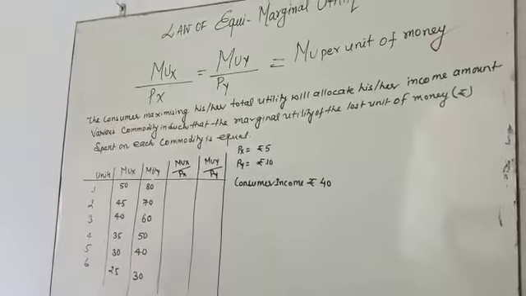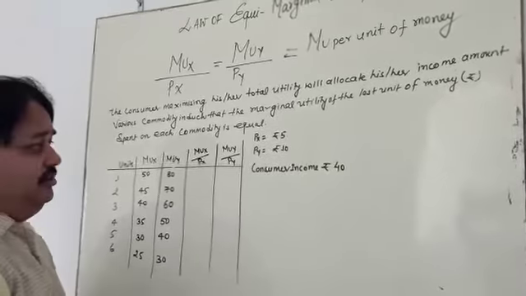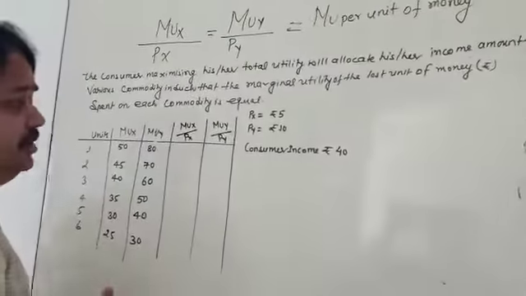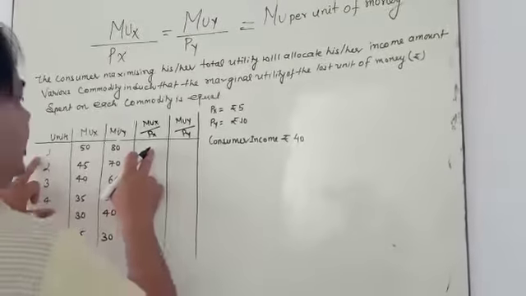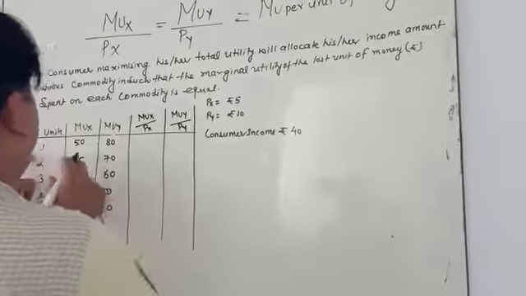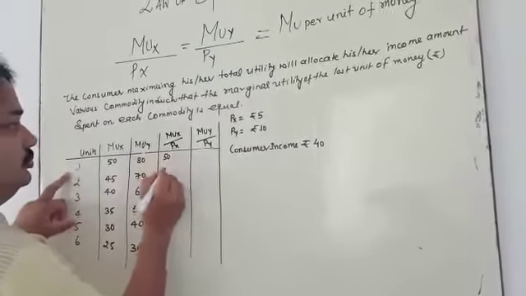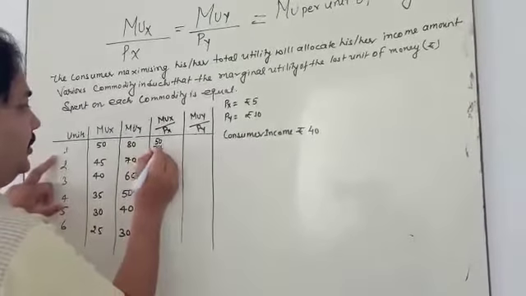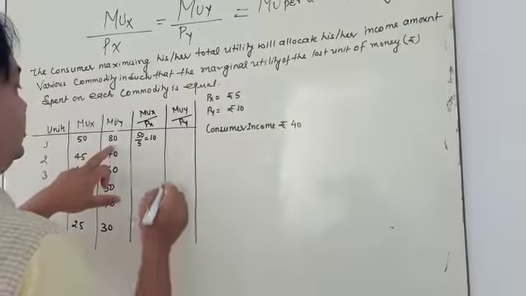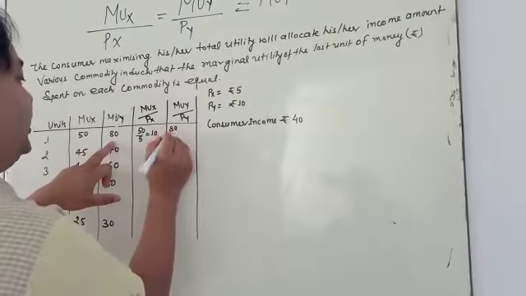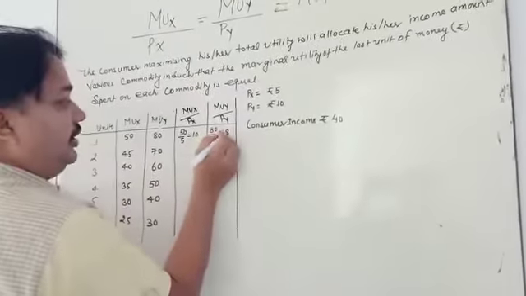So it is going to be, you can say, allocation. What is the allocation? Simple. In the first situation, what is MUX upon PX? MUX is equal to 50, that is 50 upon 5 is equal to 10. What is MUY? 80 upon 10, that is equal to 8.